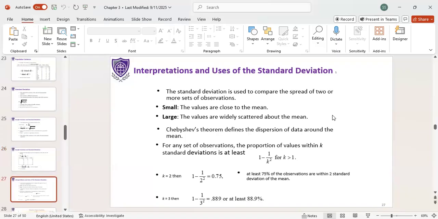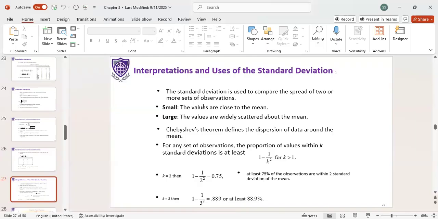In general, if you want to interpret and see the uses of standard deviation, it is used to compare the spread of two or more sets of observations. If we have different sets of observations and we want to compare which one is more spread out compared to the mean, or which one is more concentrated, we will use that.